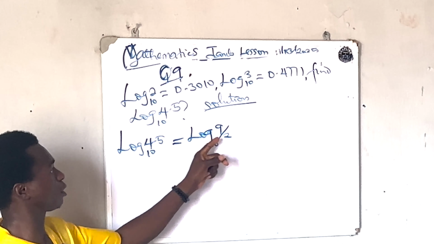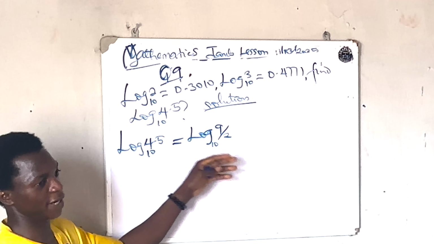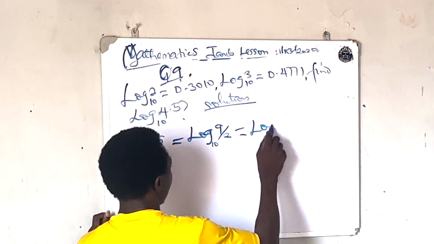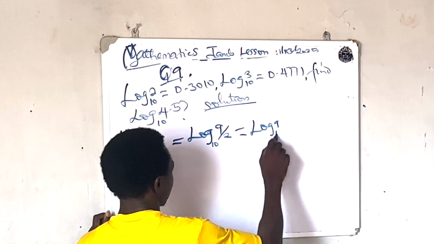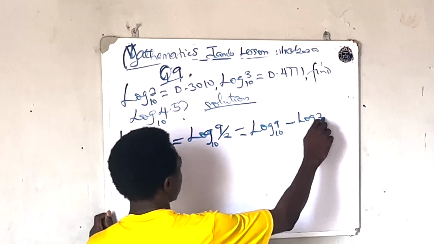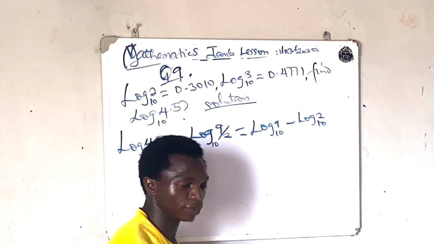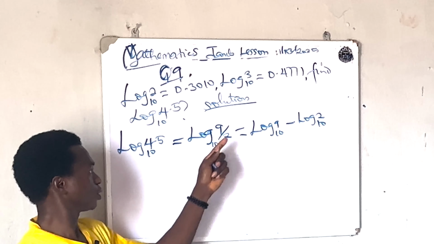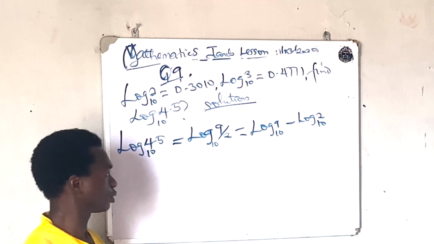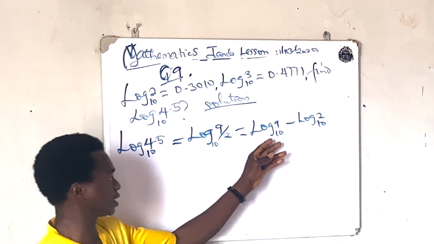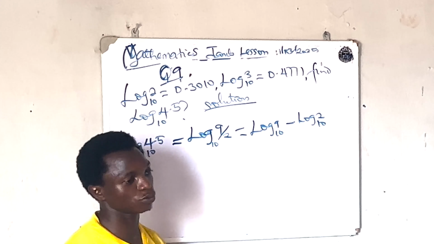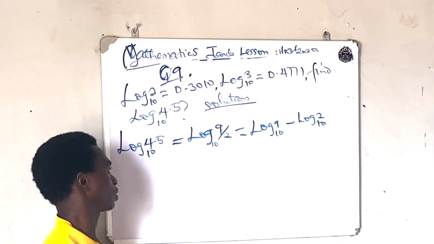If you are given logarithm to divide, it's still the same thing as saying log of 9 in base 10 minus log 2 in base 10. Because given two logarithms to divide, then we subtract the logs because the bases are the same, log 9 and log 2, all in base 10.